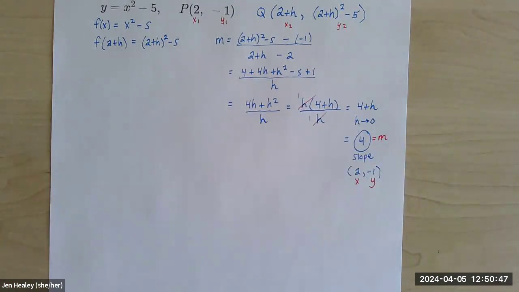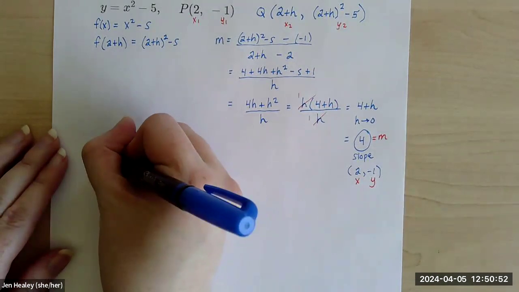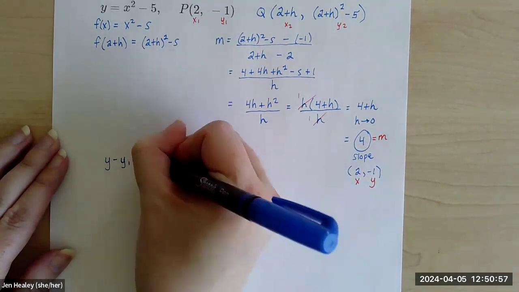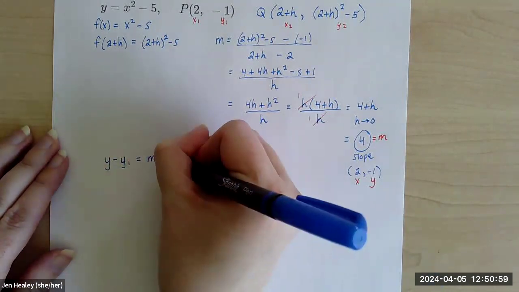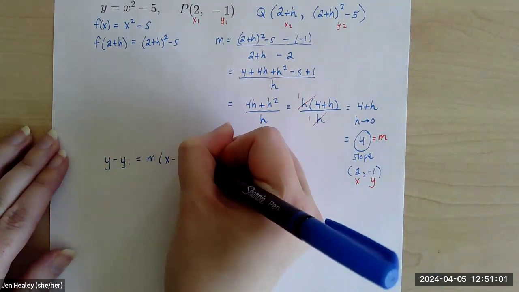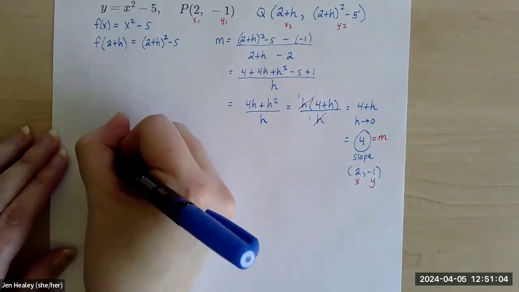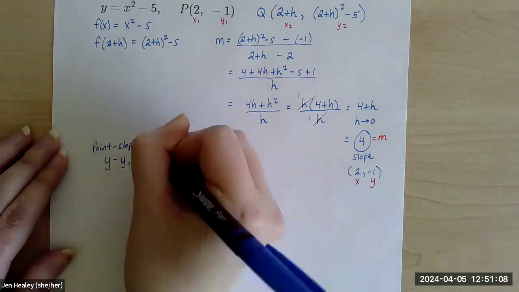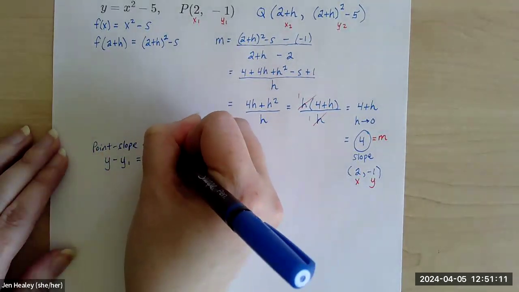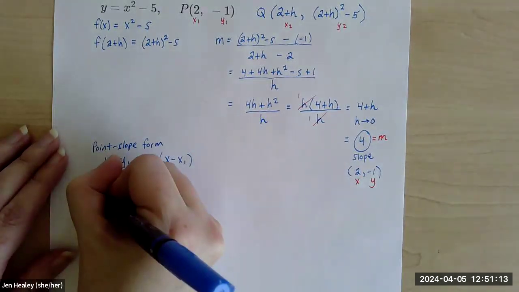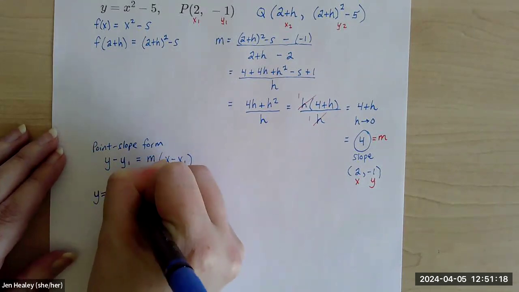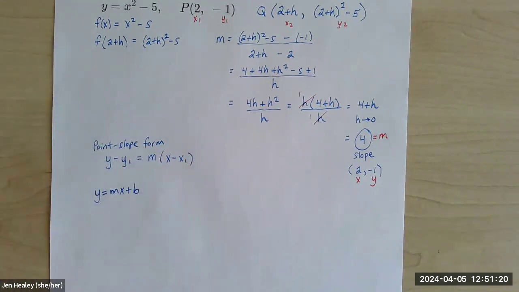Some of you would have learned point slope form: y minus y sub 1 is equal to m times x minus x sub 1. Or there's the normal slope-intercept form, y equals mx plus b. You can use either of these to get the answer.